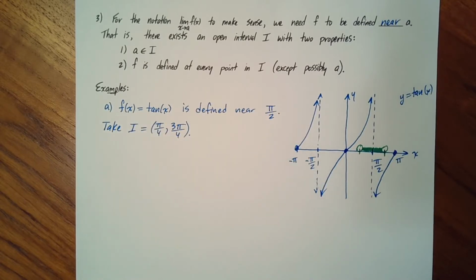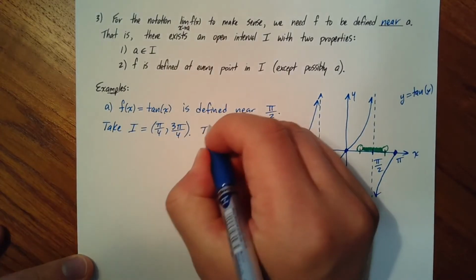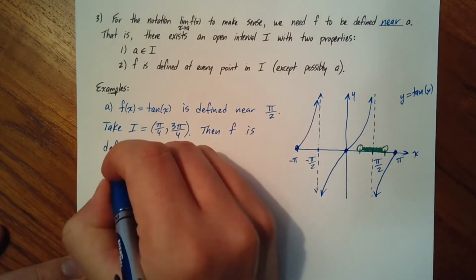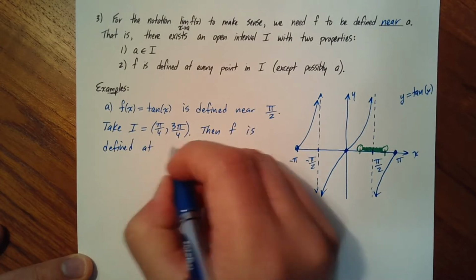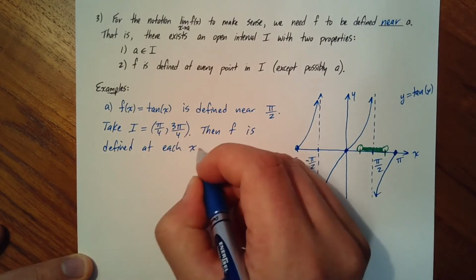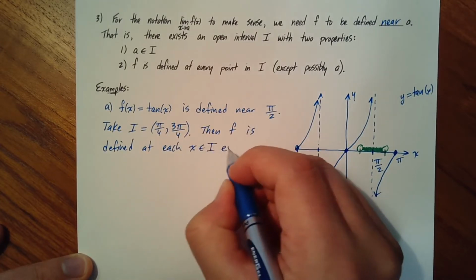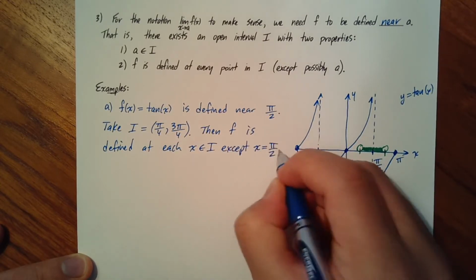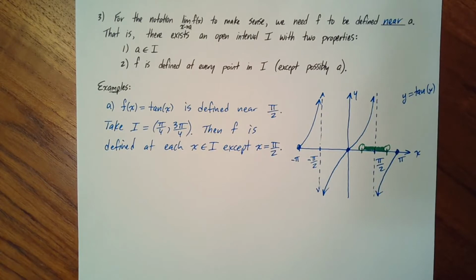And let's just spell this out a little bit more. Then f is defined at each x in the interval I except x equals pi over 2. But that's perfectly okay, so there's no problem with that.